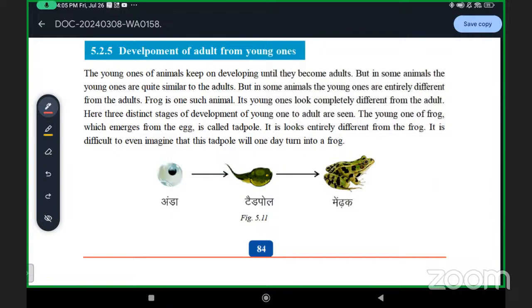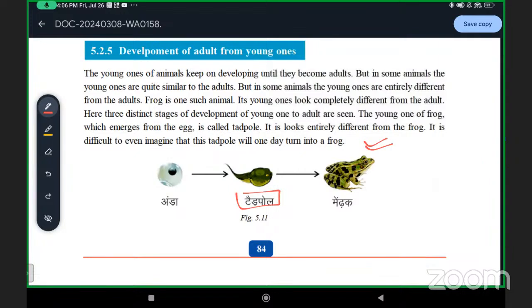Now see, if you take a look at a cow, when a cow's baby is born, it looks like a cow and then it just grows in size. But when a frog's baby comes out from the frog egg, it doesn't look like a frog. It's called a tadpole, and it doesn't actually look like a frog, but it grows into a frog.